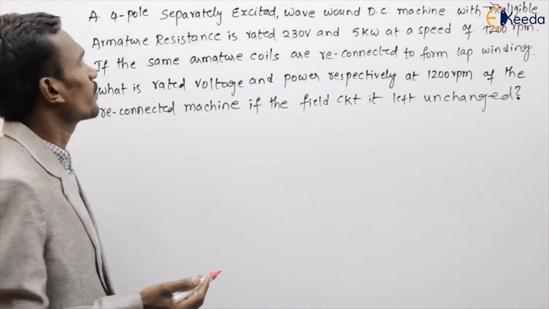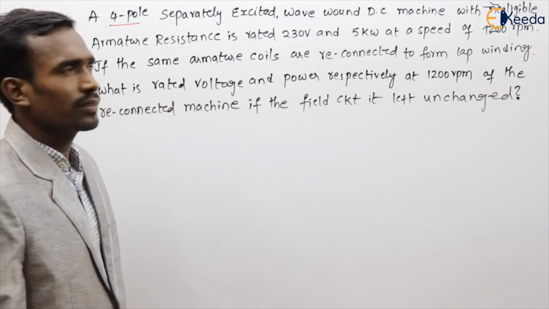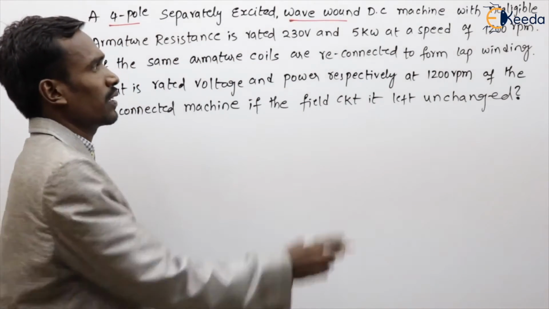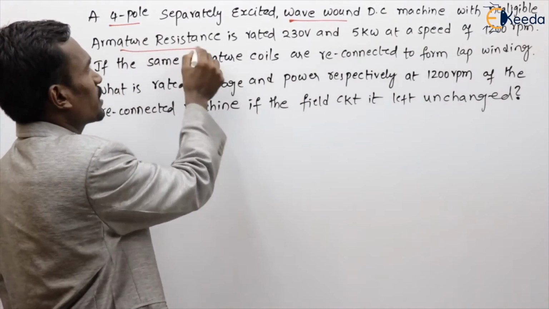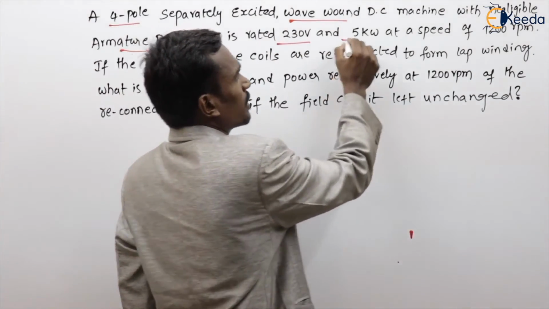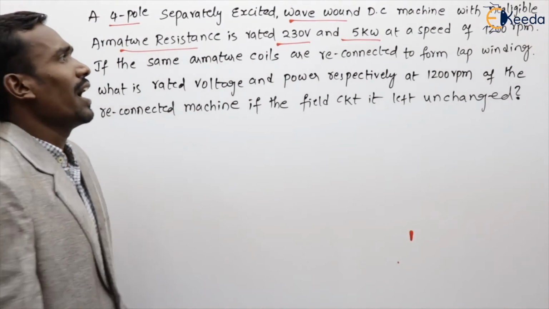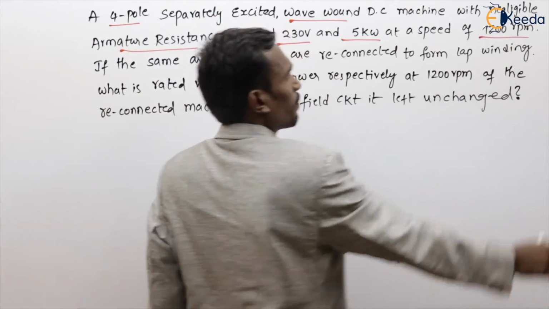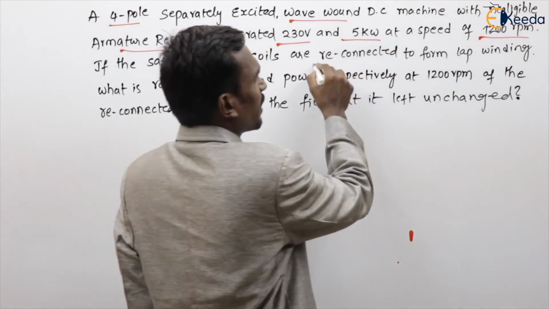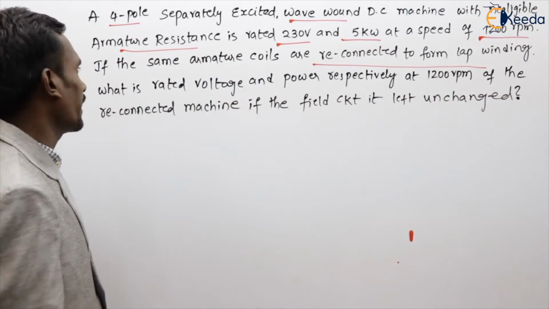Okay, next question. A 4-pole separately excited wave-wound DC machine with negligible armature resistance is rated 230 volts, 5 kilowatts at a speed of 1200 rpm. The same armature coils are reconnected for lap winding.